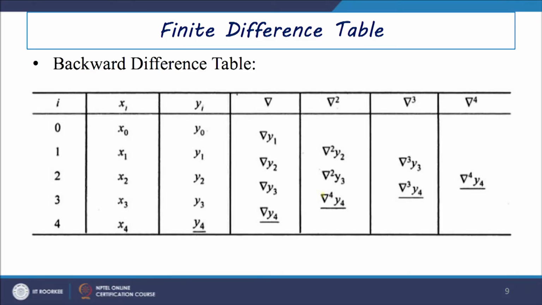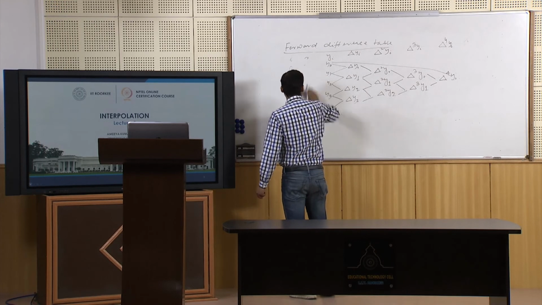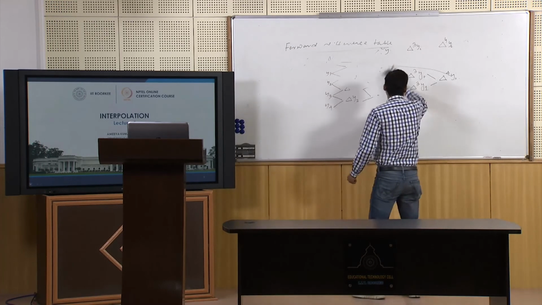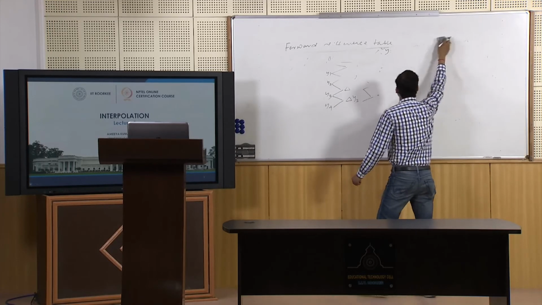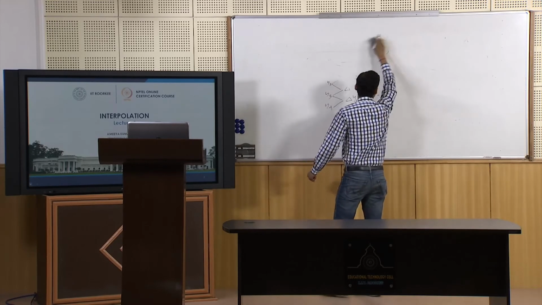Then we will go for the discussion of the backward difference table here. If we go for the backward difference table, the same formulation is used, but it takes a step back for each of the calculated tabular points.